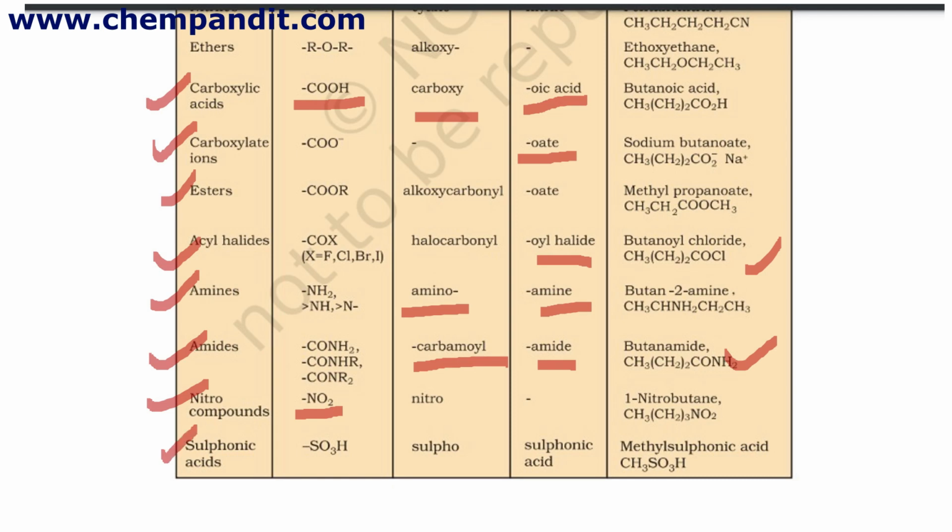Then the last group that we will talk about today is sulfonic acids. The functional group is denoted by SO3H. Whenever they are used as a prefix, they are used as sulfo. Otherwise, they are used as a suffix, sulfonic acid. For example, methyl sulfonic acid. So these are all the functional groups that we are going to discuss in nomenclature. So let's begin.